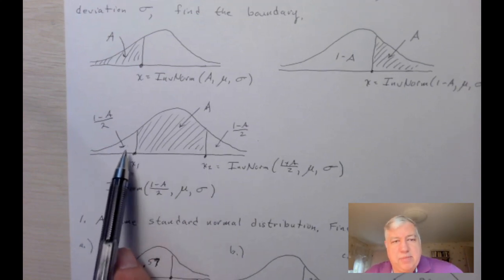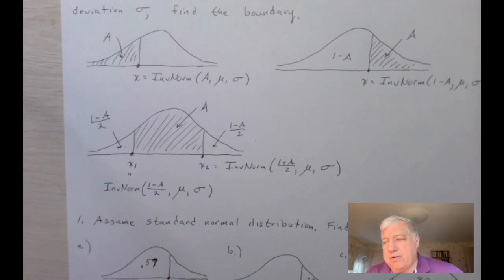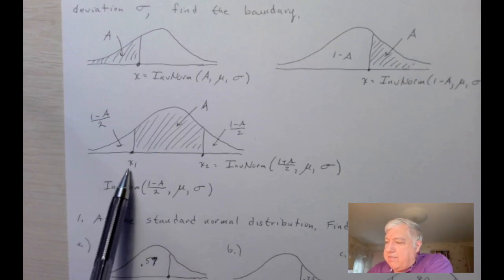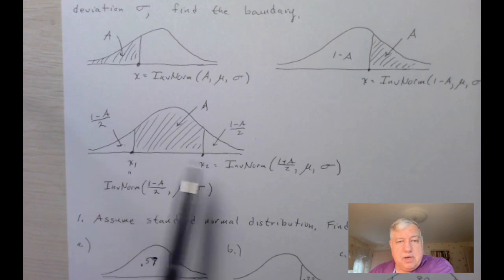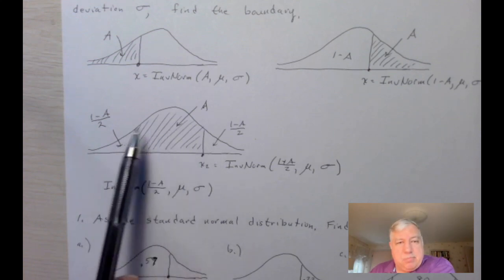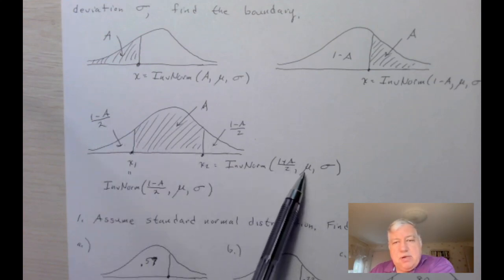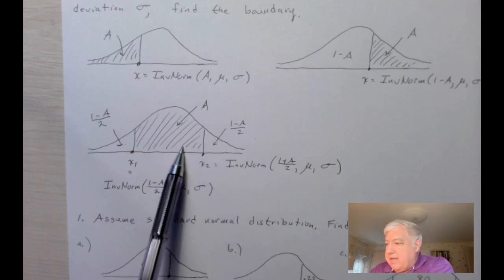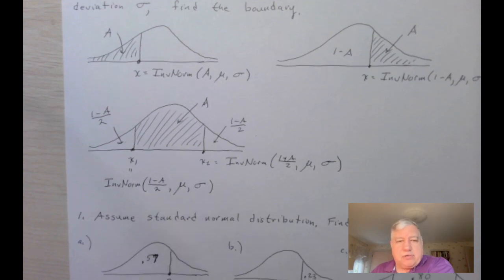So this region plus this region has to be equal to 1 minus A, and therefore each tail has area of (1 minus A) divided by 2. So to find this number, you would put inverse norm of (1 minus A) over 2. In this case, this area plus this area would be A plus (1 minus A) over 2. If you simplify that, it's (1 plus A) over 2, and you input that, because that's the total area to the left of this number that you're looking for, x2.